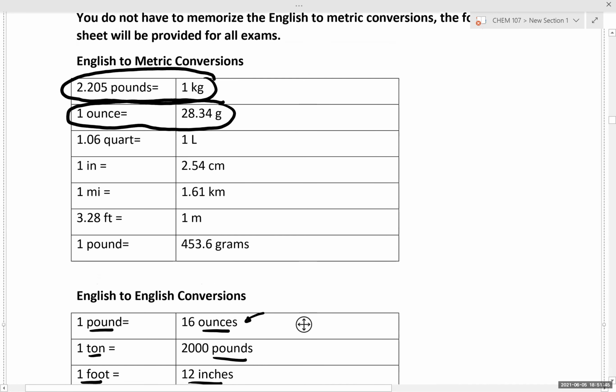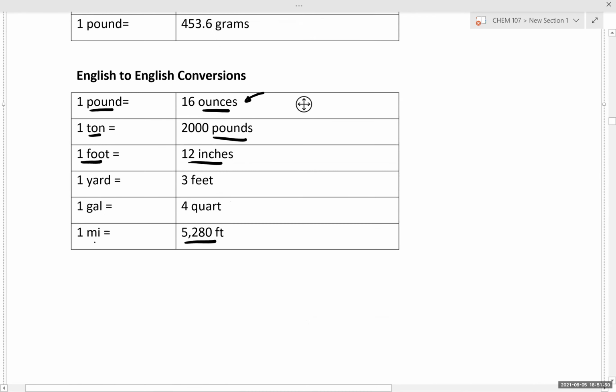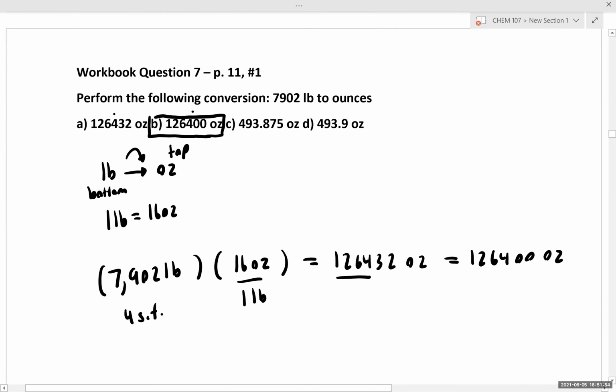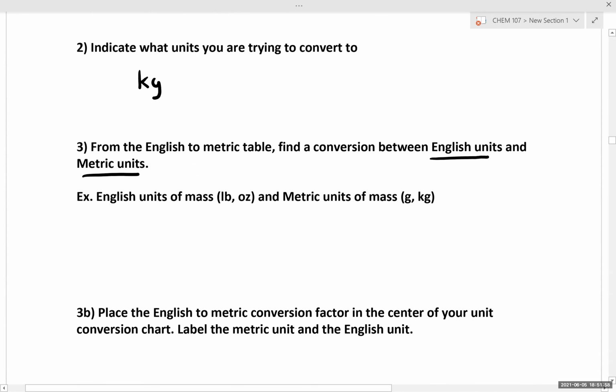In this case, 2.205 pounds are equal to 1 kilogram. So in this case, we have an easy way to go from pounds to kilograms.